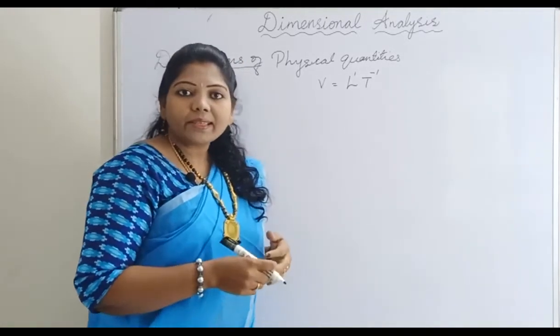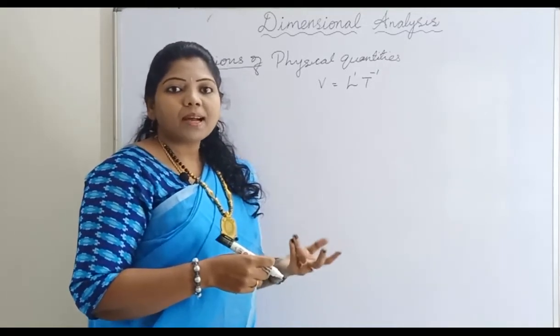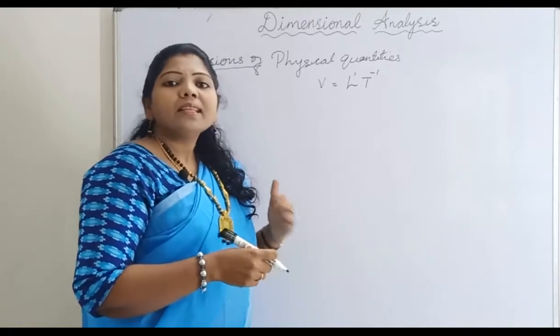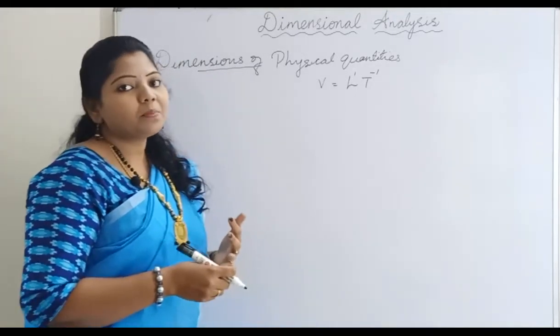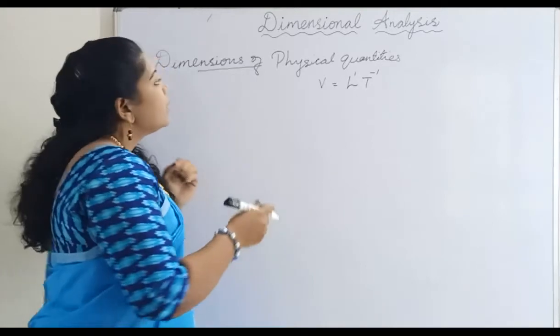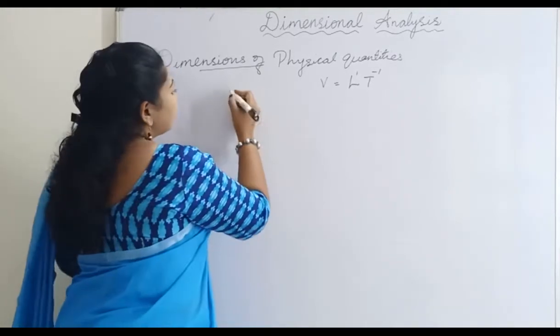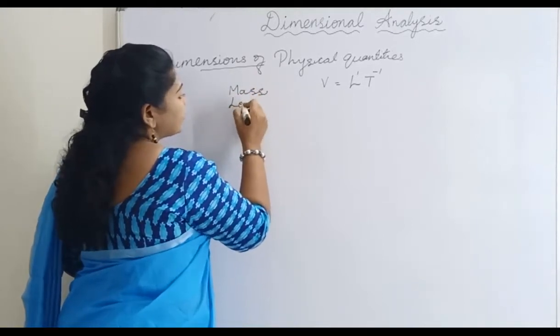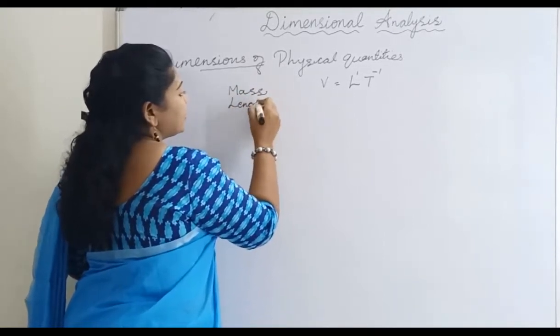Physical quantities like length, mass, time, velocity, acceleration can be expressed in terms of a few base quantities like mass, length and time.